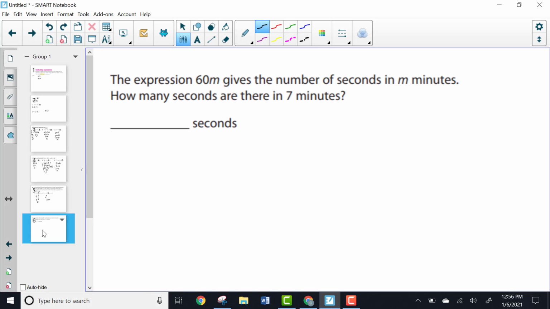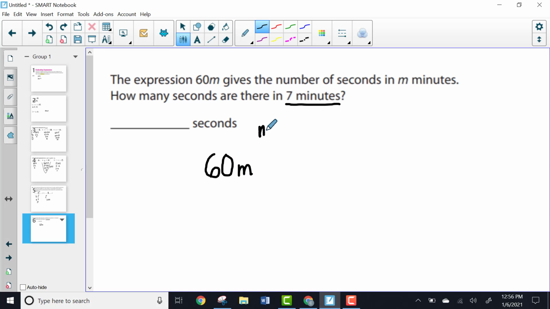So let's take a look at one more. It says the expression 60 times m gives the number of seconds in m minutes, m standing for minutes. And they're asking how many seconds are there in 7 minutes. So again, we have been given the amount of minutes, 7 minutes. Because of that, we can take 60 m.